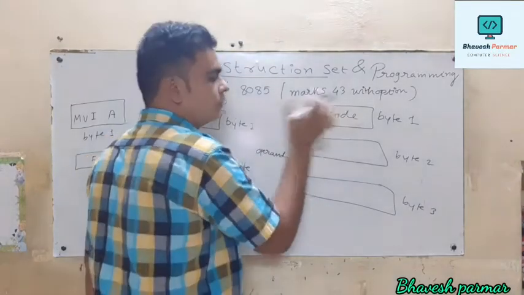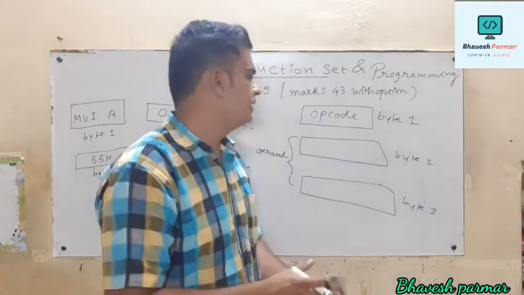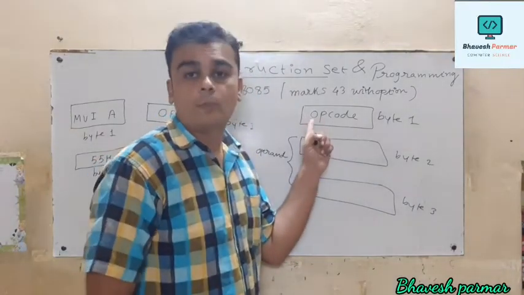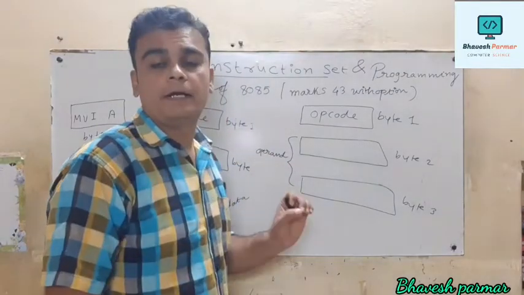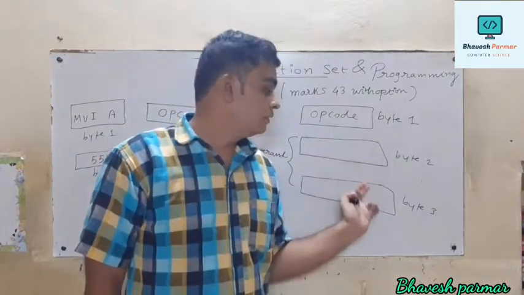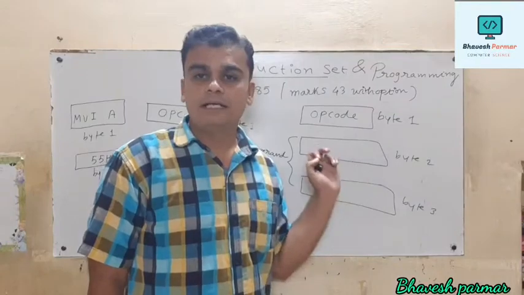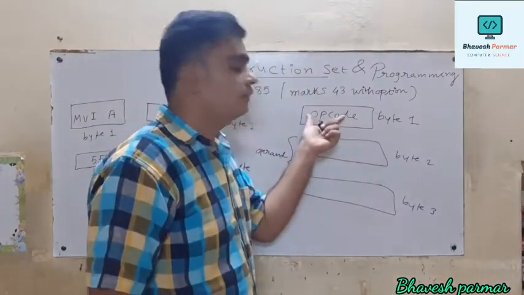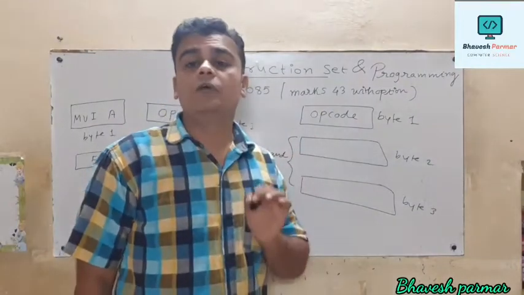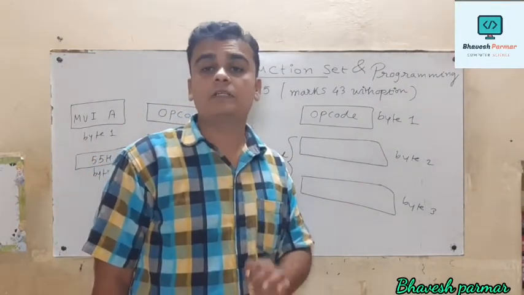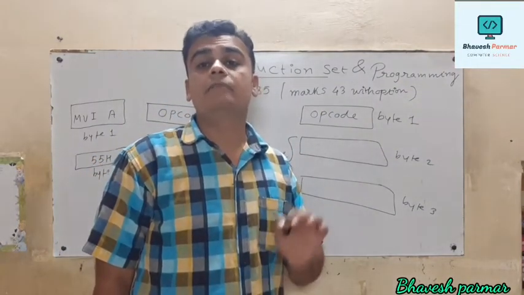So 1 byte is specially reserved to store the opcode, and the remaining 2 bytes are used to store the operand. In the first box we store the operation code, especially whenever we perform an operation on a given 16-bit address.